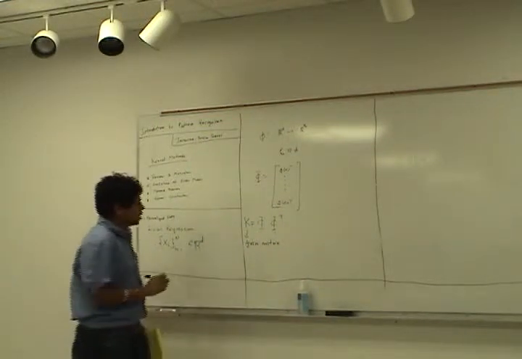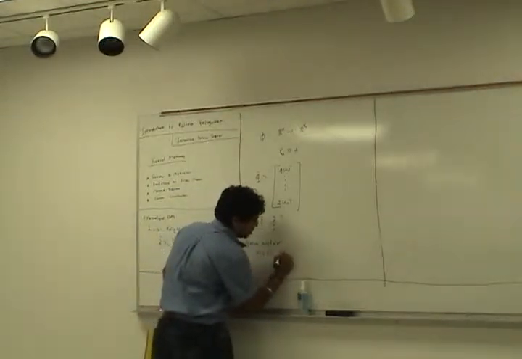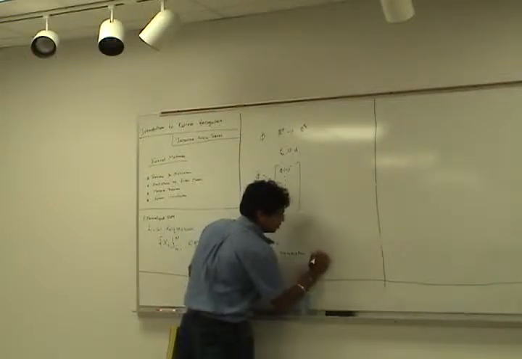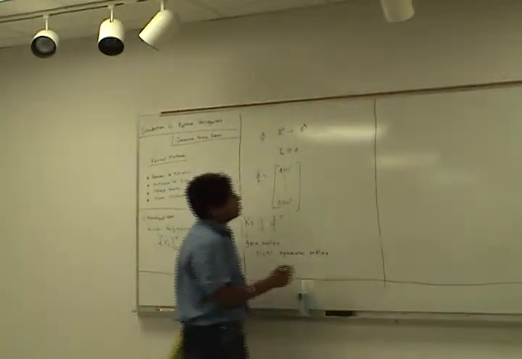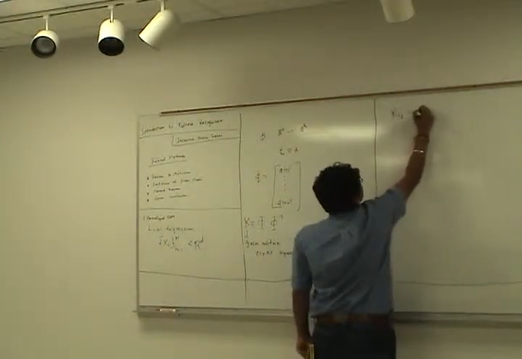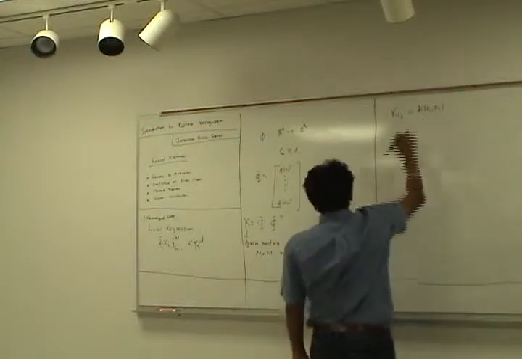This Gram matrix is nothing but an n cross n symmetric matrix, where each element of this matrix can be written as a function of xi and xj.